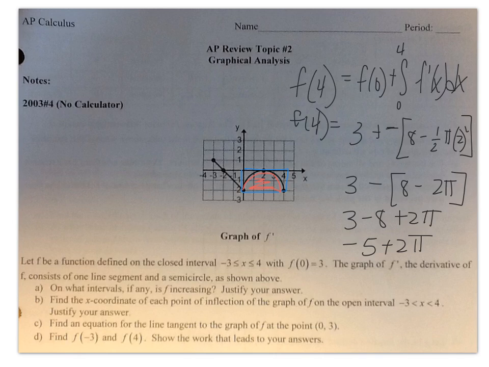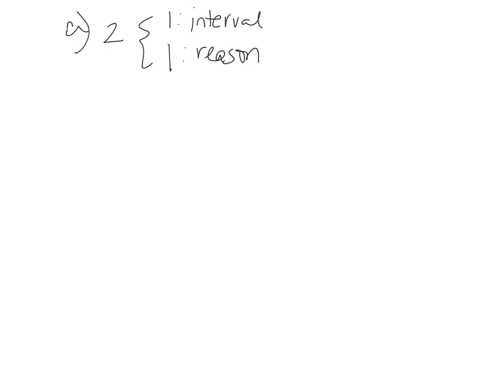Okay, let's talk about how they would score this problem. For this problem, part A is worth 2 points total, 1 point for the interval, and 1 point for the reason: f prime of x is greater than 0.